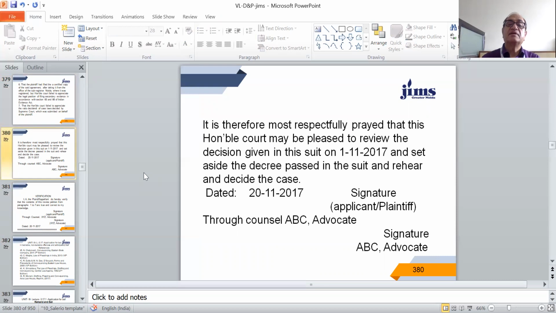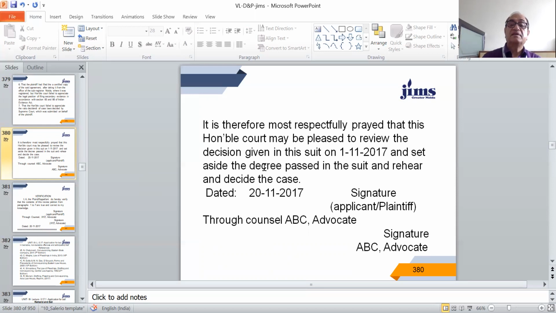Now the prayer is: it is therefore most respectfully prayed that this Honorable Court may be pleased to review the decision given in this suit on 1st November 2017 and set aside the decree passed in the suit and rehear and decide the case. You want that your matter should be reviewed, it should be reheard, and a fresh decision should be passed.